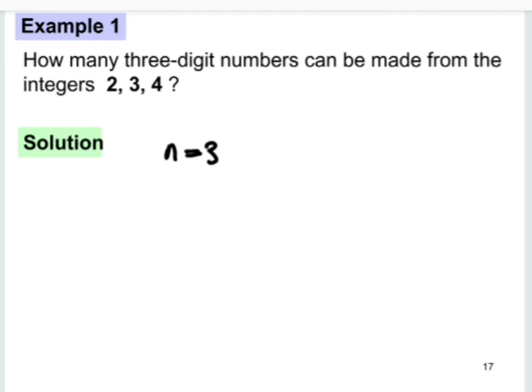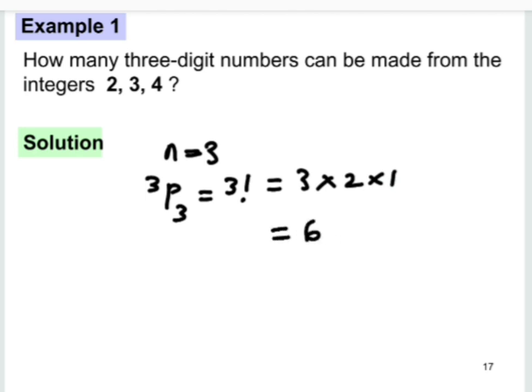To arrange them, we can use the formula 3P3, which equals 3 factorial, or the multiplication formula, 3 times 2 times 1. So the answer is 6. Or you can press your calculator right away. What is the answer for 3P3?